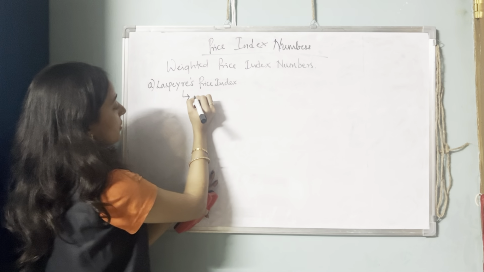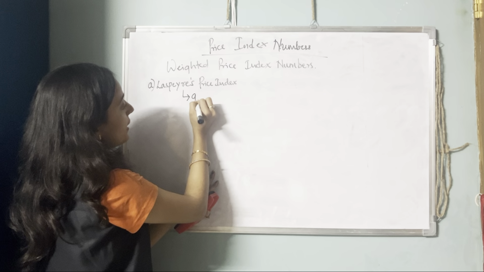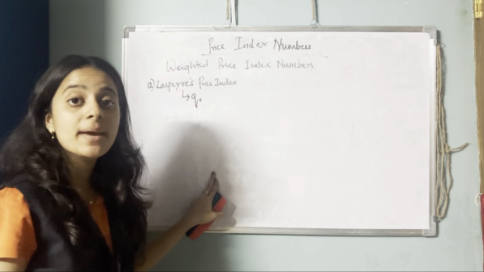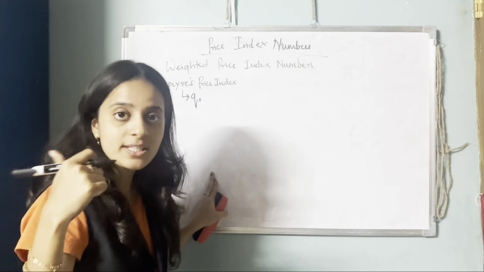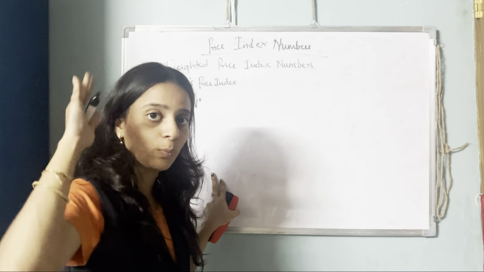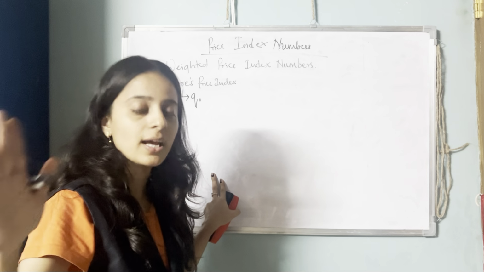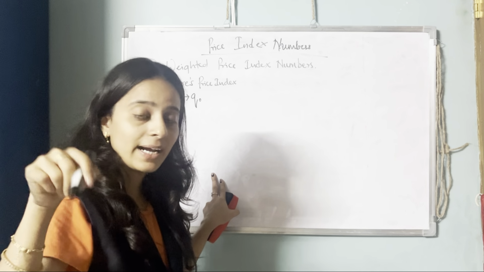According to this method, base period quantities are considered as weights. See, quantity is Q, P is price, V is value. We have looked into this in the previous video, right? Base means 0, current means 1.